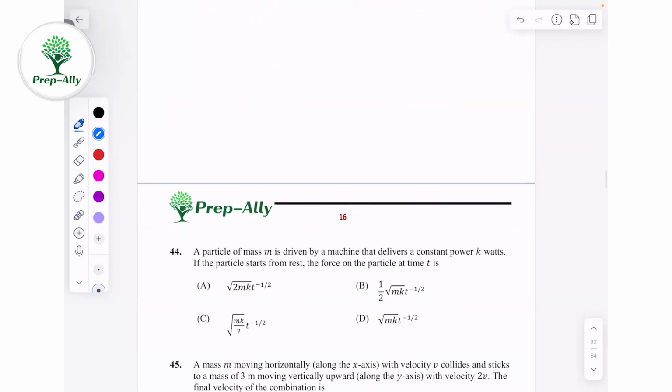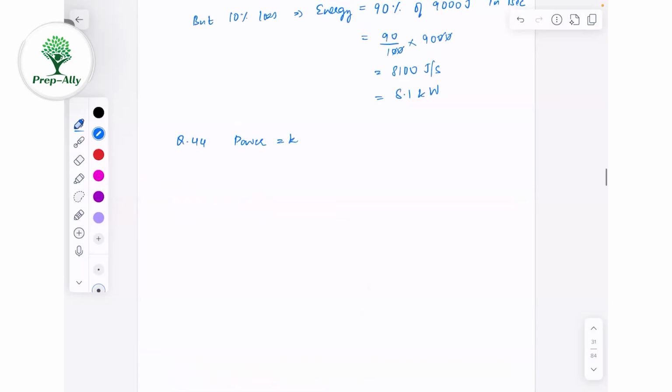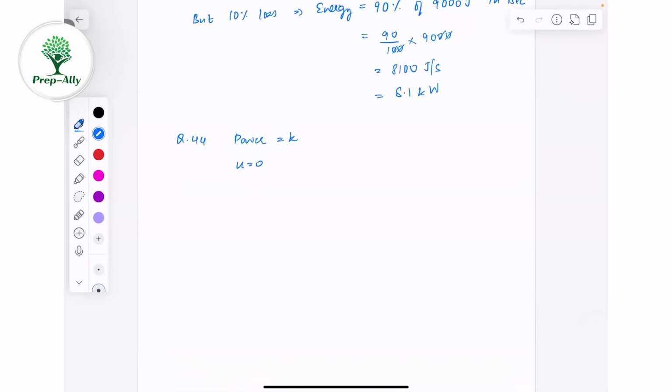Now, question 44. A particle of mass m is driven by a machine that delivers at a constant power k watts. The particle starts from rest. The force on the particle at time t is. So the body starts from rest, which means initial energy of body is 0. Now power is what? Energy supplied per unit time, which means energy supplied is equal to k into t.